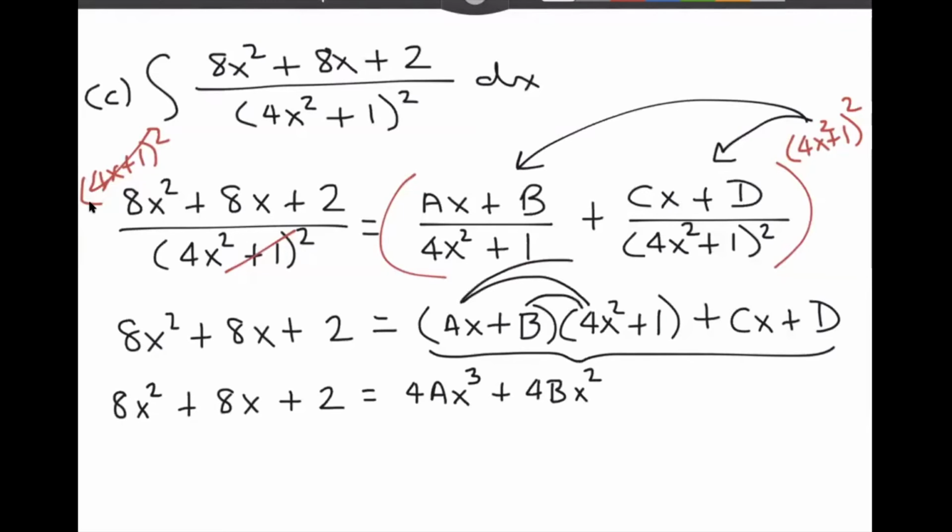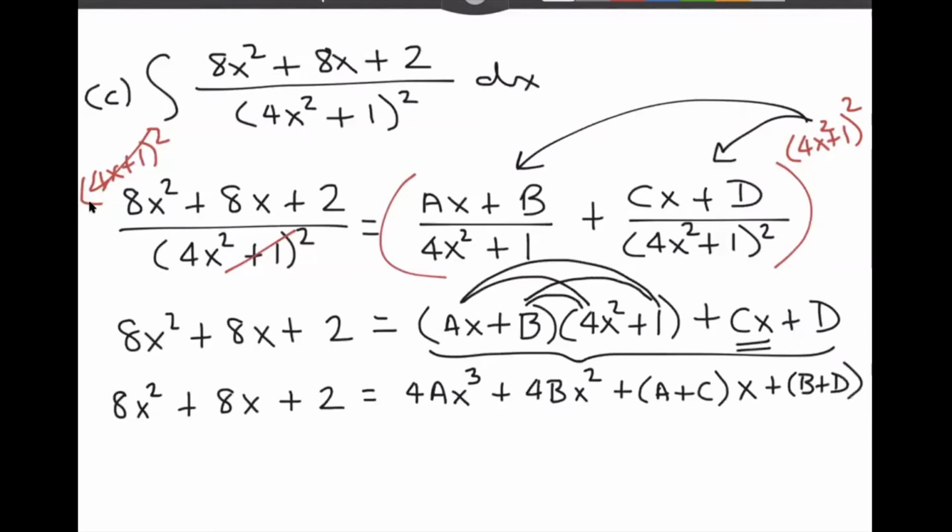Now when I multiply these two together, that's going to give me an ax, which can be combined with the cx. Remember, we're writing descending powers of x here. So I'm going to write this as (a + c) times x. And then the constant term, there's going to be a b and also a d. So the constant term is b + d.